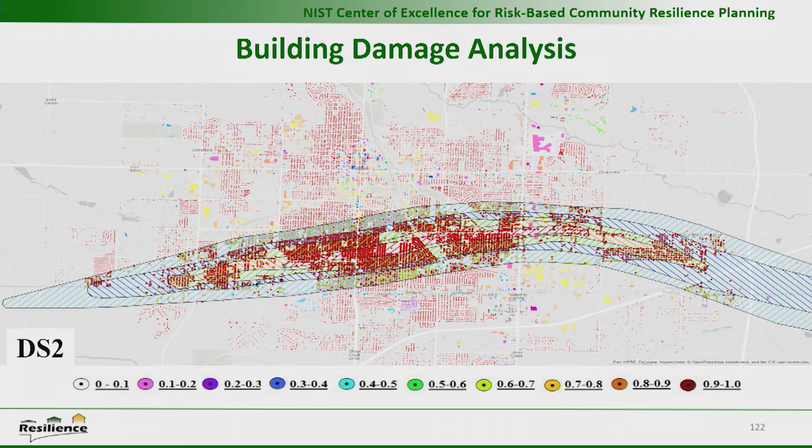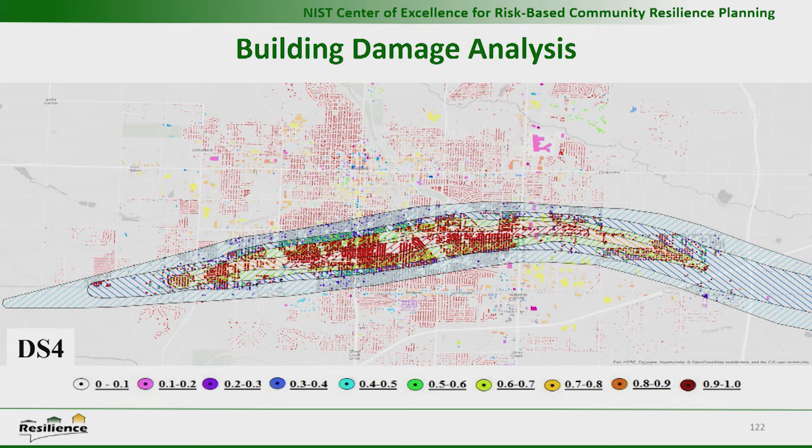If I click again, it's showing damage state 2, so a different array of buildings are highlighted in some spaces. I click again to damage state 3, and you see other parcels light up. And then damage state 4, which is the buildings that experienced complete destruction.